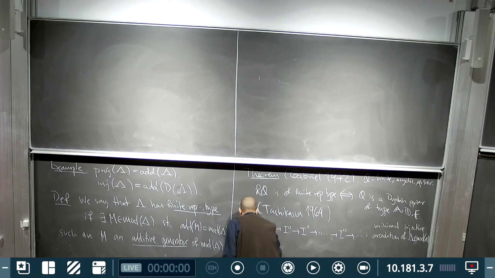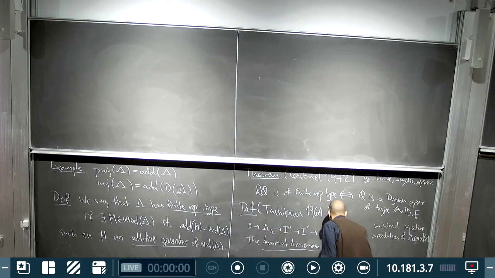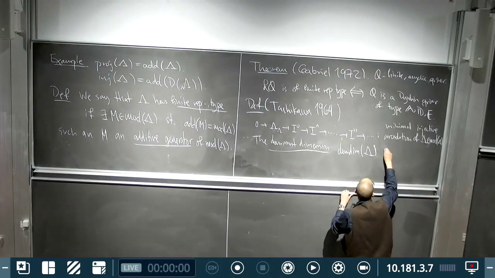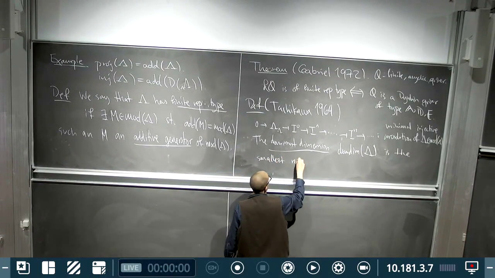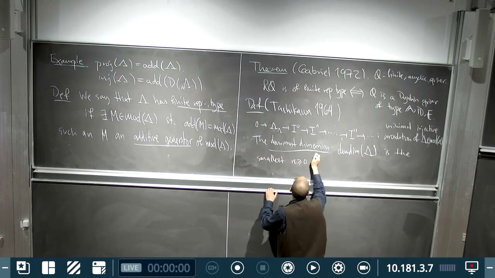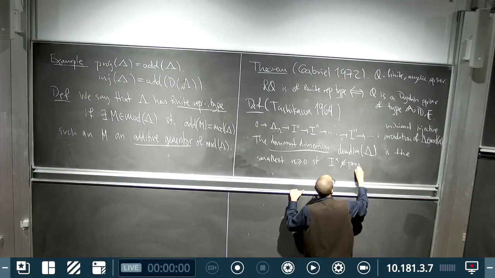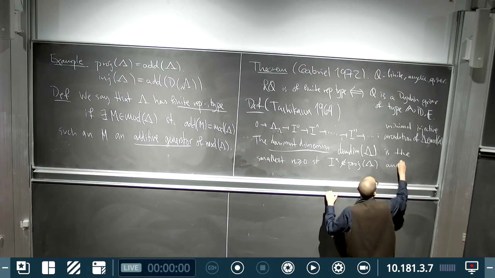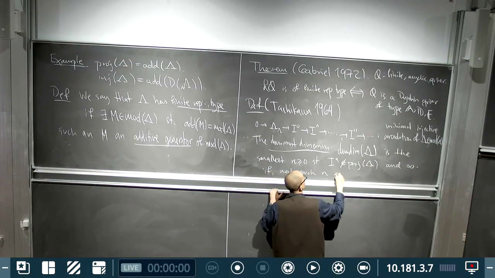The easiest way to write it: the dominant dimension of lambda is the smallest n such that I_n is not projective, and infinity if no such n exists.